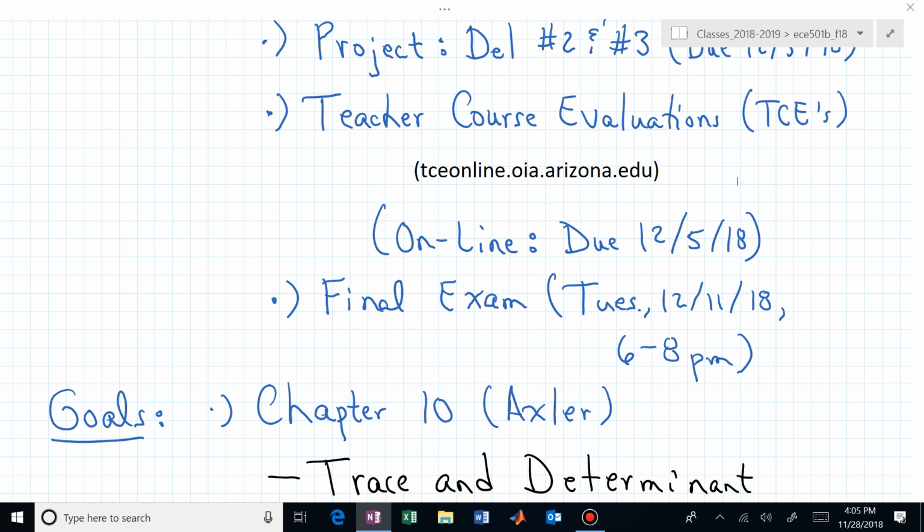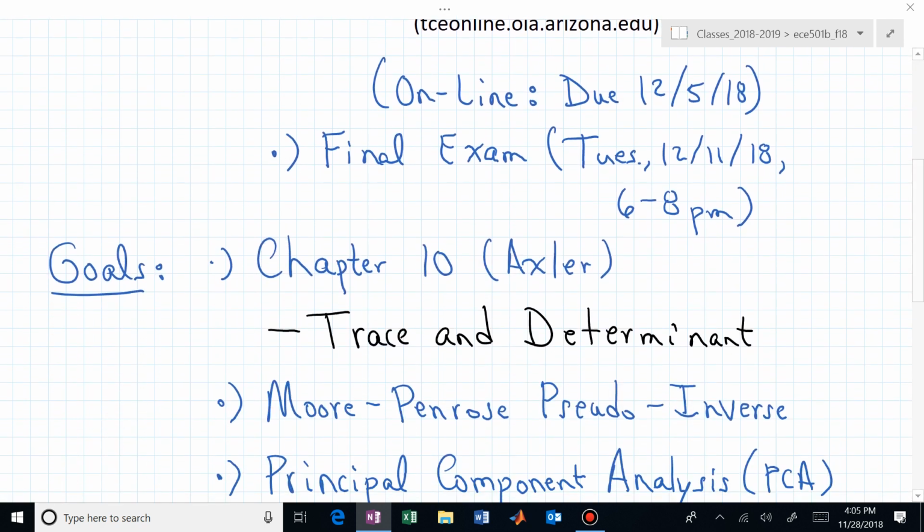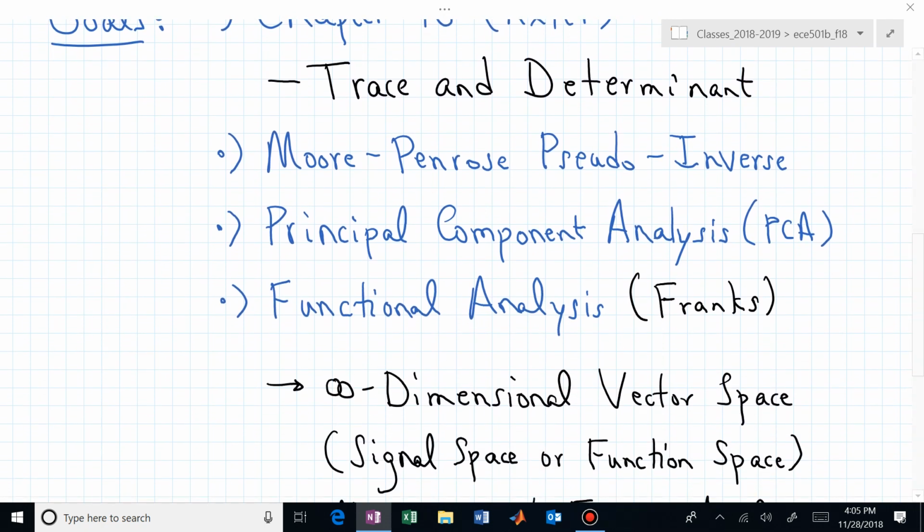PCA, that might be helpful if somebody's working on that as a topic for their project, but it also is helpful, I think, to start to understand some of the connections of what we've talked about in this class with applications.